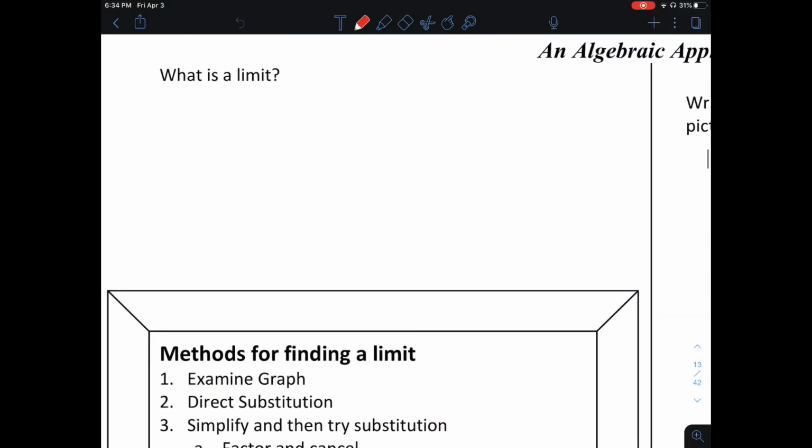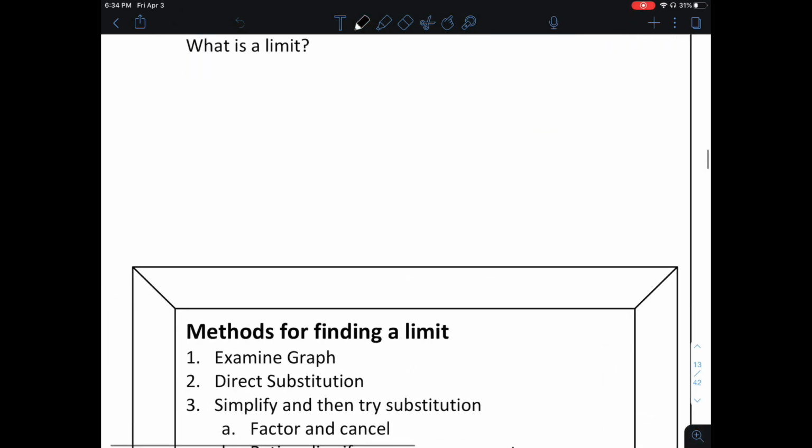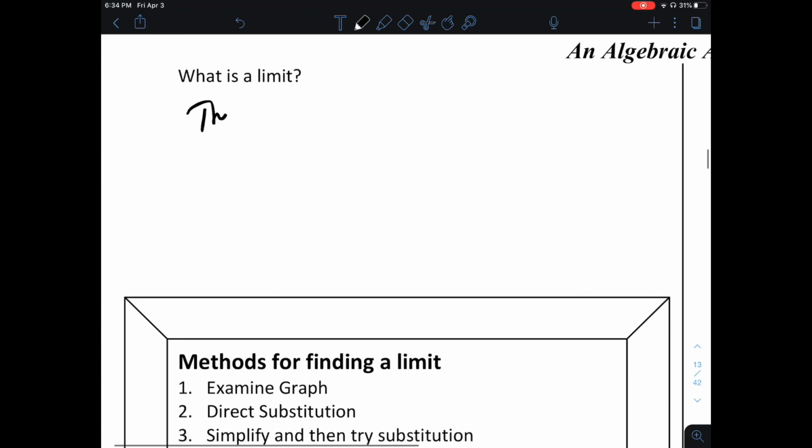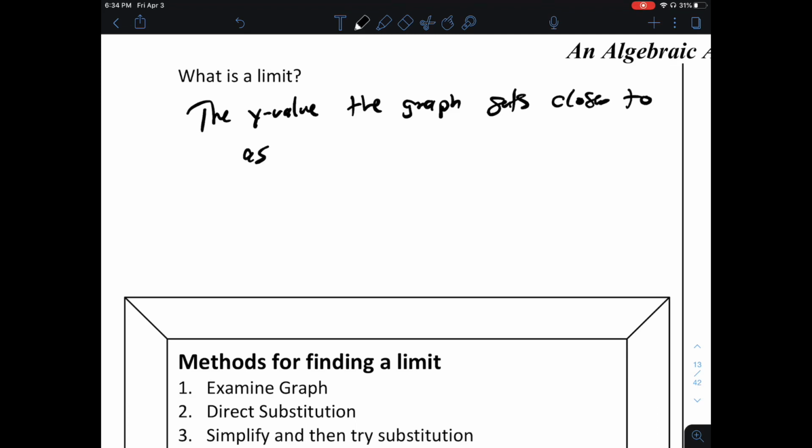So just a reminder, review, what is a limit? Well, it's the y value the graph gets closer to as x approaches a number.